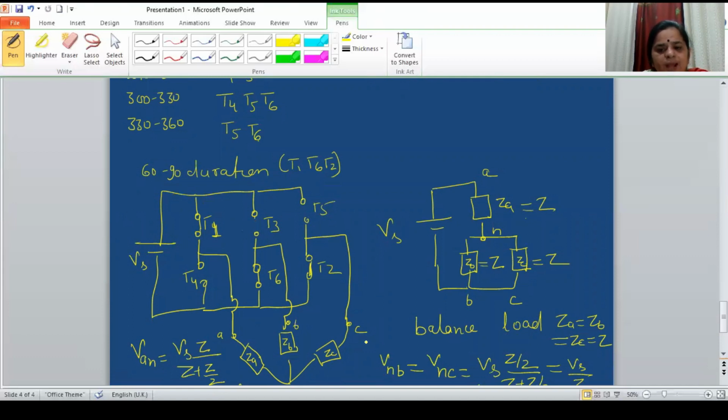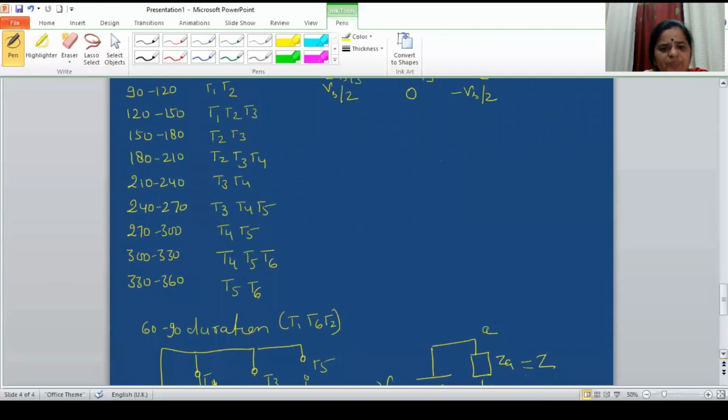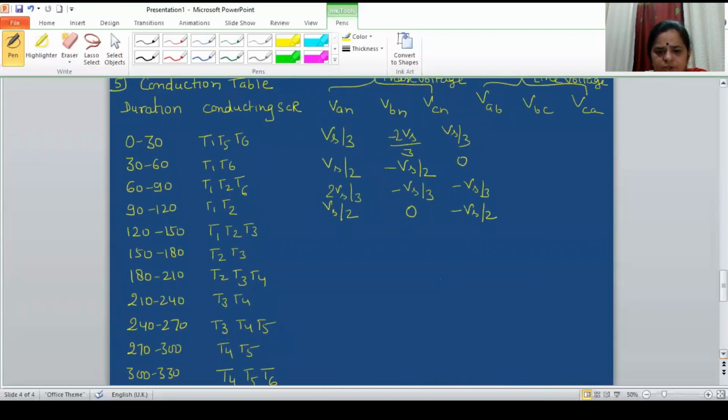That means what we are going to get is Vs by 3 here, Vs by 3 here, and minus 2 Vs by 3 here.